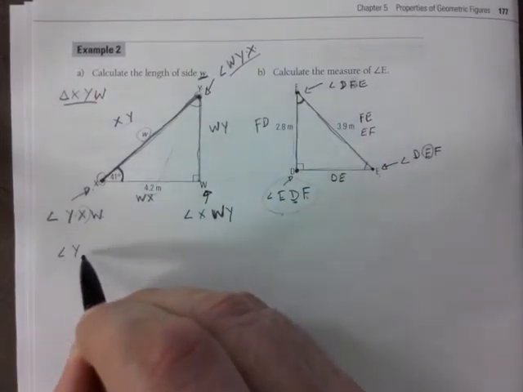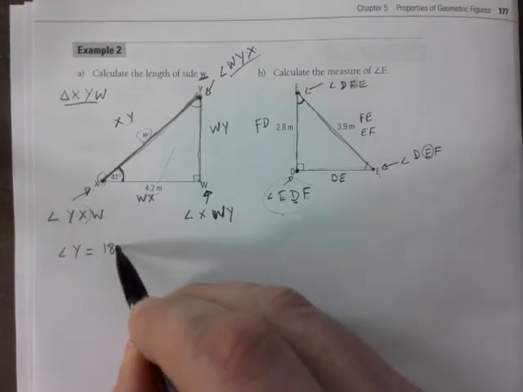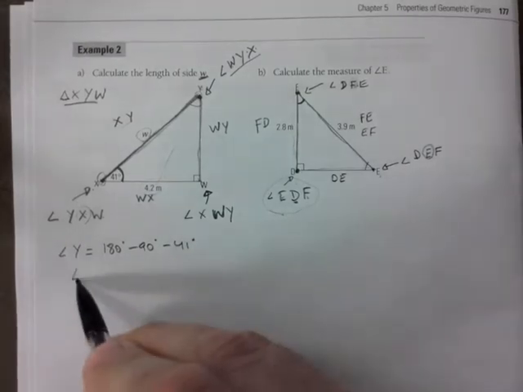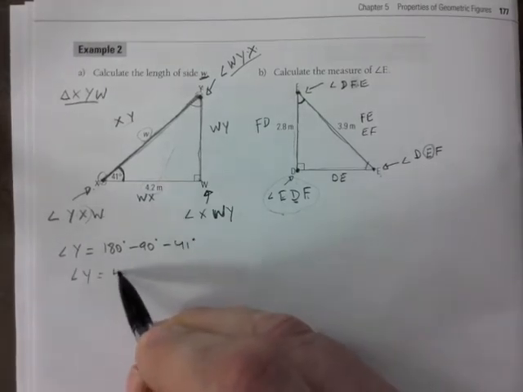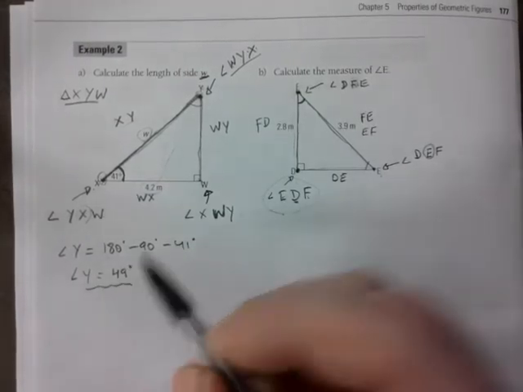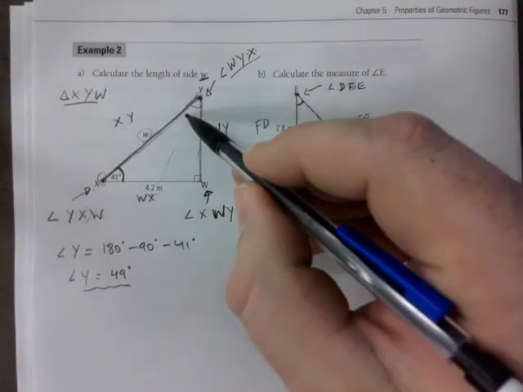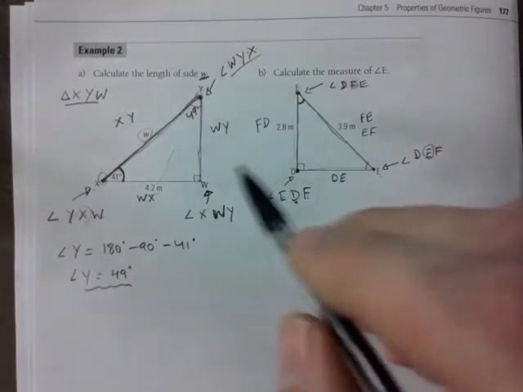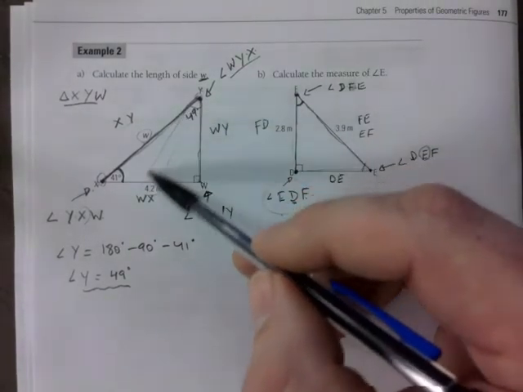So angle Y is 180 minus 90 minus 41. So that would be 49 degrees. Okay? You know now that this is 49. And so now you have a pair.